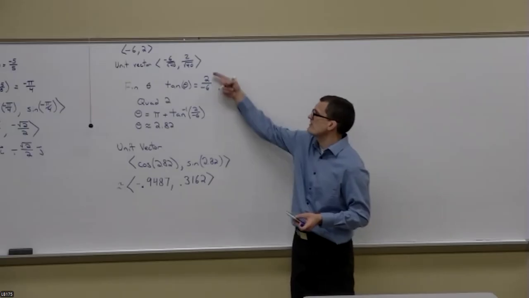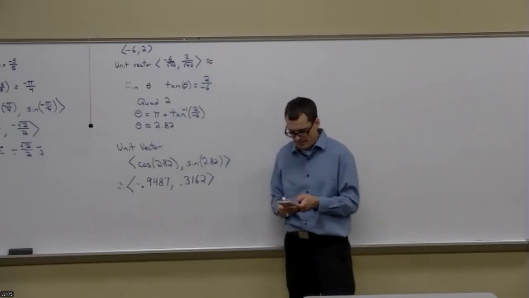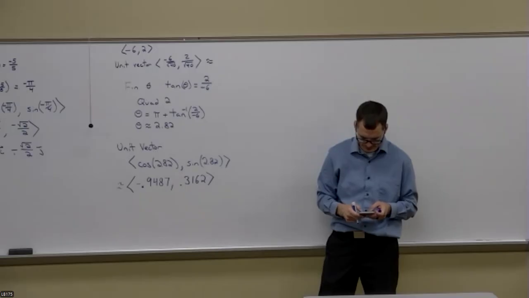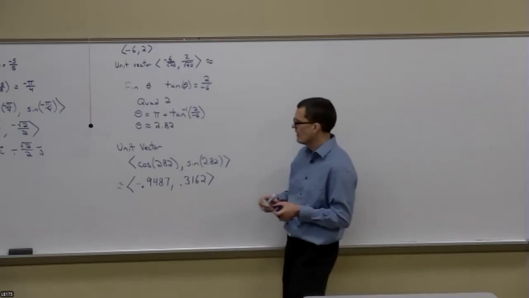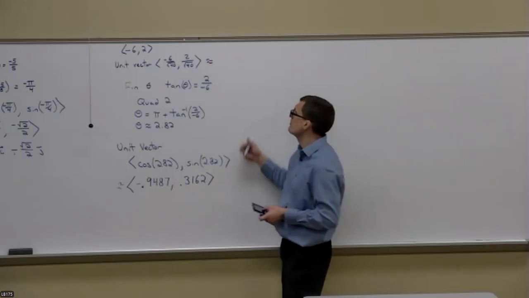Now, if you would have calculated this unit vector, negative 6 over square root of 40, the decimal version of that, you would have gotten the exact same decimal places.